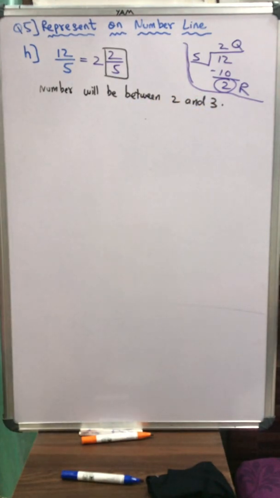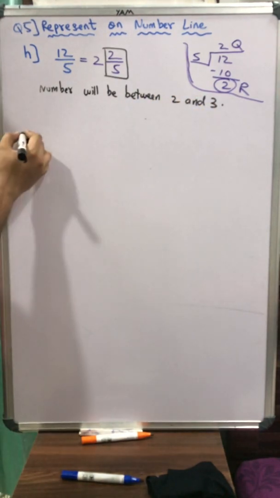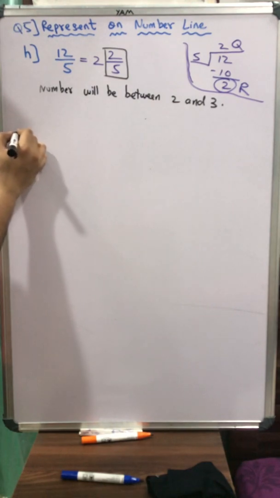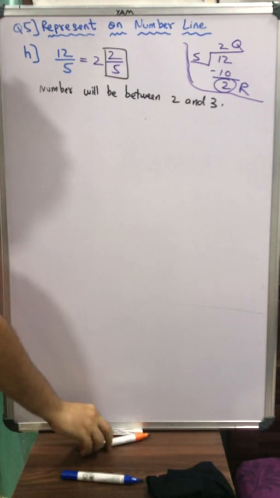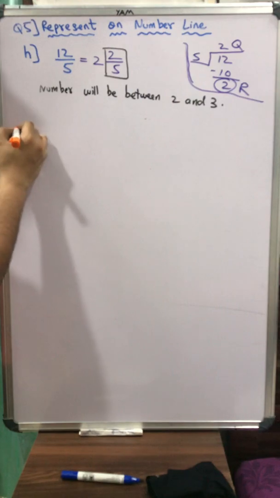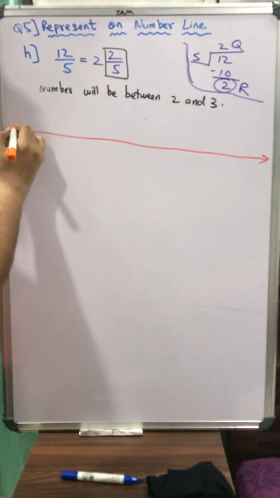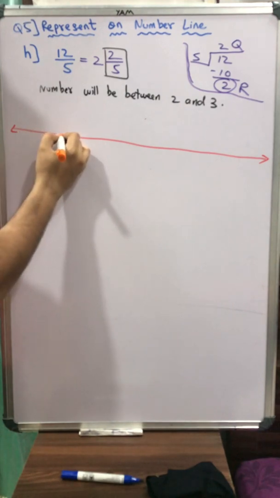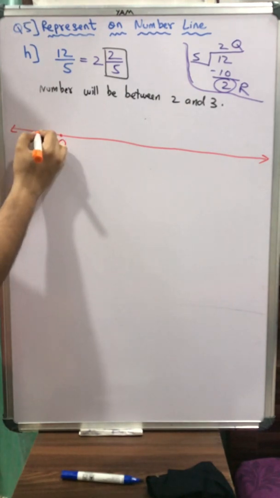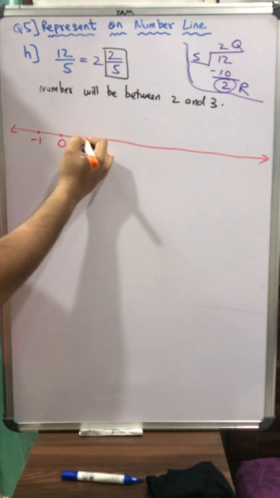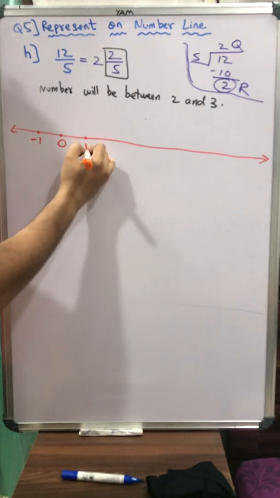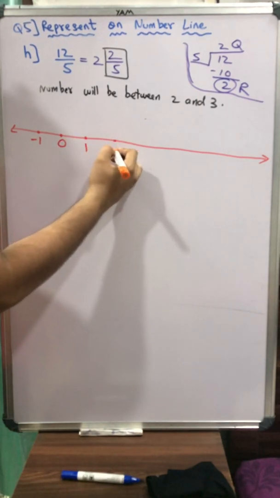Okay. So students, now I'll draw the number line for you all on the board. This is my number line. This is 0. This is -1. Okay. This is 1. This is 2.